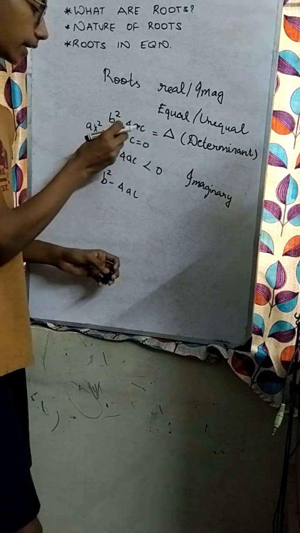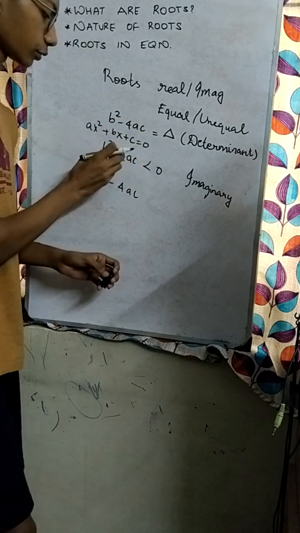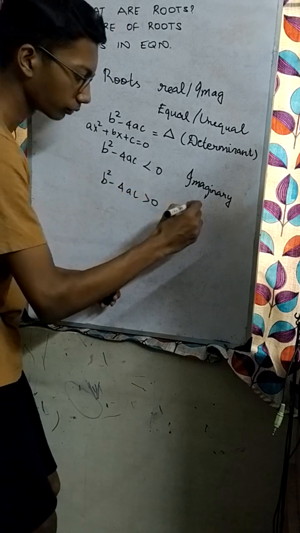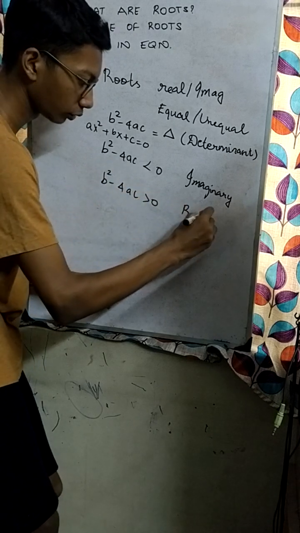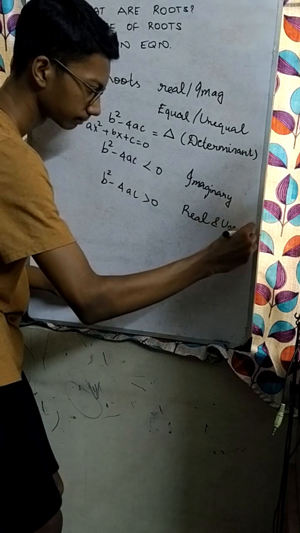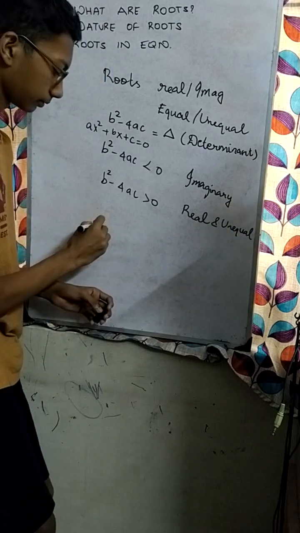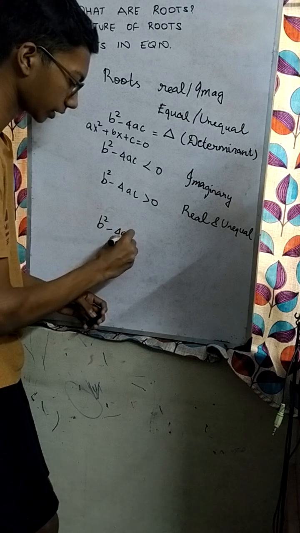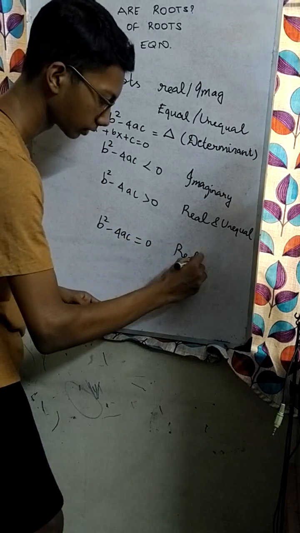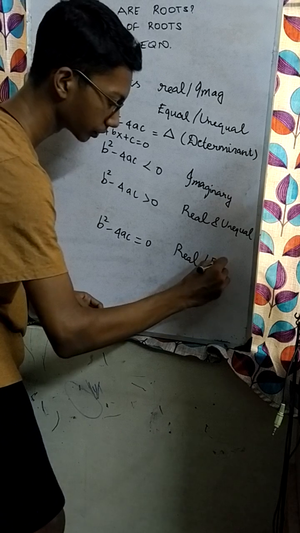So this is the a, this is b and this is c. That's where we get the ABCs of this. So if this is greater than 0, we will have real roots and unequal roots. If this b square minus 4ac is equal to 0, then we will have real roots but equal roots.